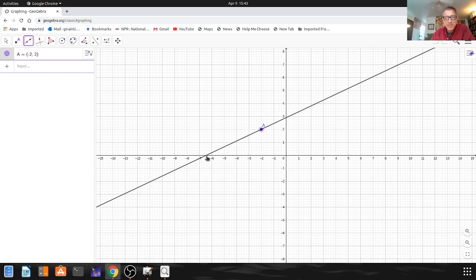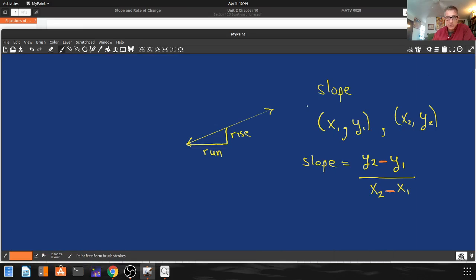However, if I fix a slope, then there is only one line that I can draw through that point. So the question is, or what we discovered is, if I know a point and a slope, then I can draw a unique line through that point. So our goal today is to do just that.